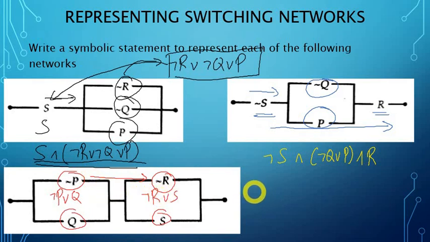So that's why we can write this as not P or Q and not R or S. So those are examples of how we write or represent networks as propositions.